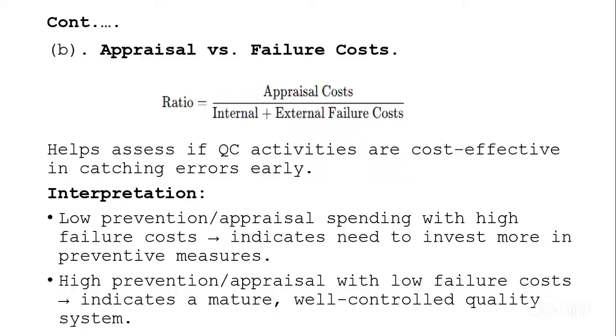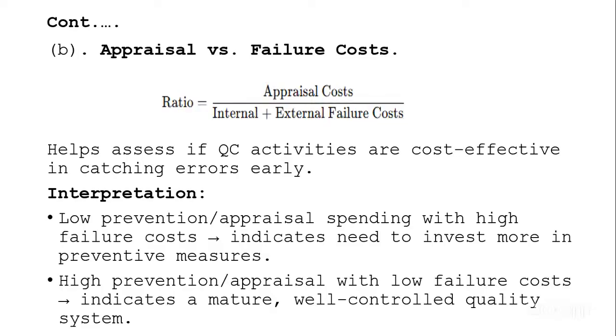Then the second ratio is appraisal versus failure costs. I said appraisal costs, those are costs, we call them inspection costs, monitoring costs, or performance monitoring costs. This ratio is achieved by appraisal costs divided by a summation of the internal and external costs. This actually helps assess if QC activities are cost effective in catching errors early.